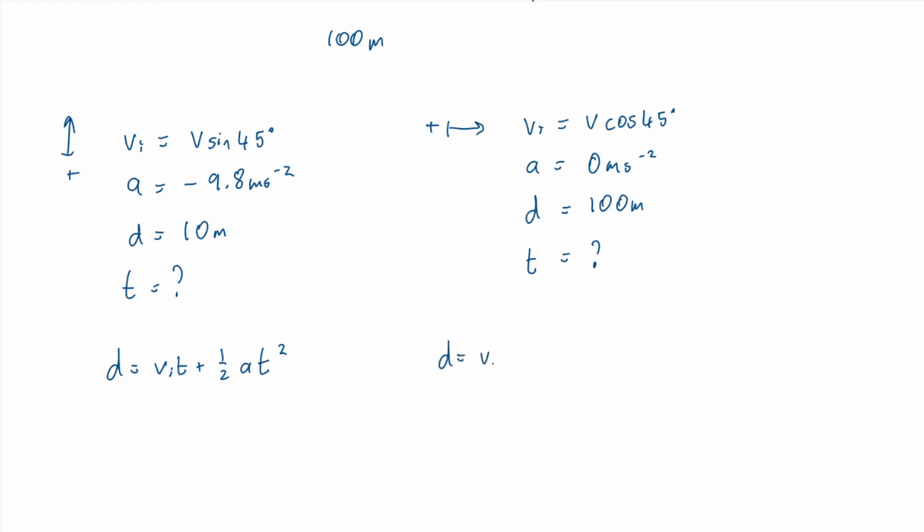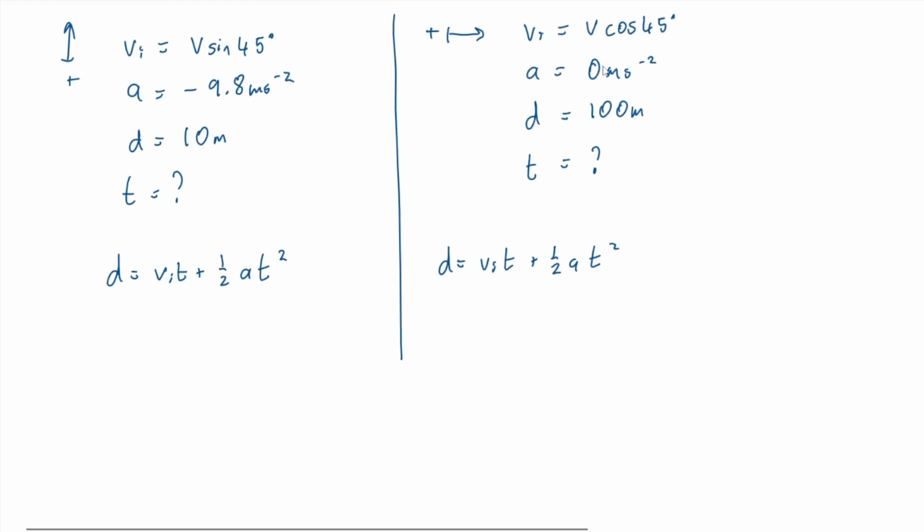I'll just write out the equation twice. On the left-hand side, we're working vertically, on the right-hand side, horizontally. So substituting in our values vertically, we have D is positive 10, VI is V sine 45.